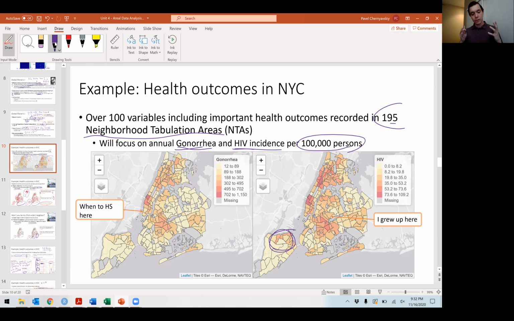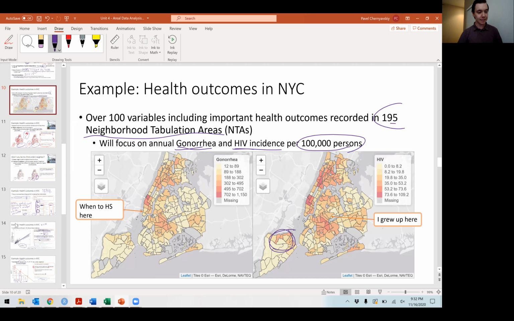But there also is a common thread between the two. They're both sexually transmitted diseases. If people partake in risky behavior, if they don't use protection properly, they might be liable to get both conditions. And so we should expect there to be a similar underlying risk factor for both HIV and gonorrhea.